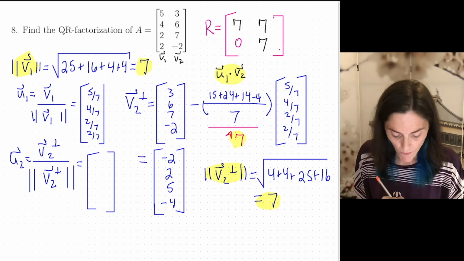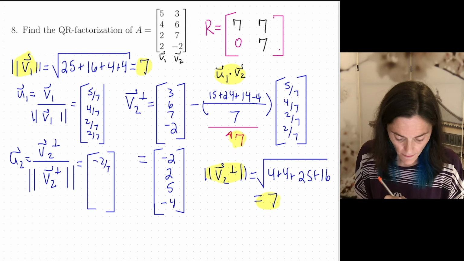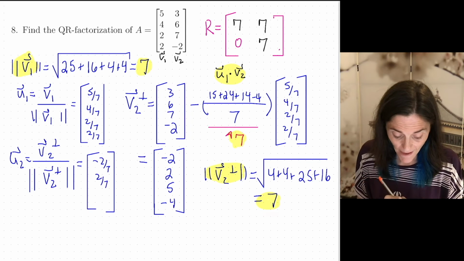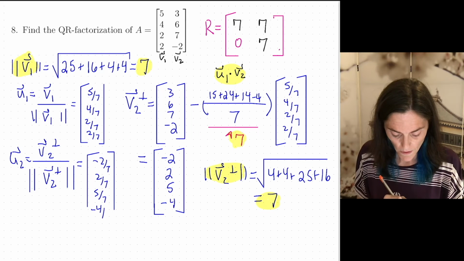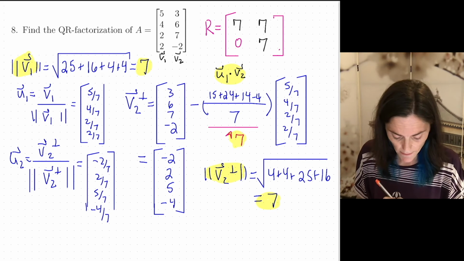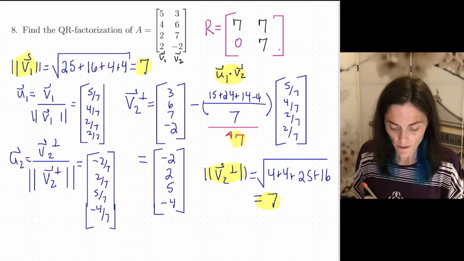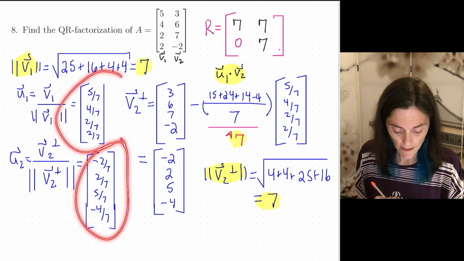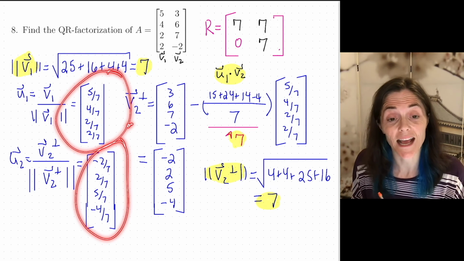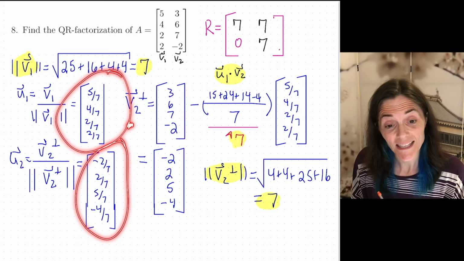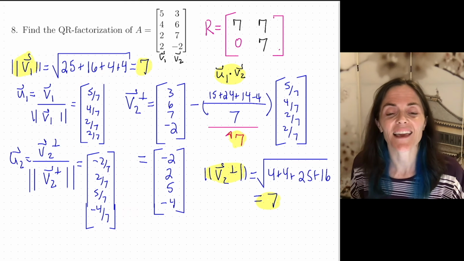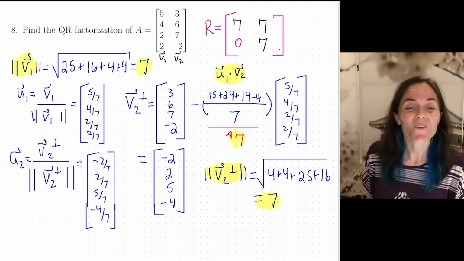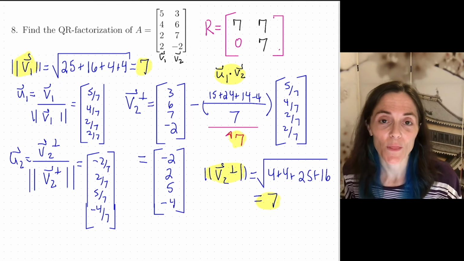And we get minus 2 over 7, 2 over 7, 5 over 7, and minus 4 over 7. Now, just check, okay? Because if you take the dot product here, we should have 0. If we don't, we have made a mistake. Minus 10 plus 8 plus 10 minus 8, all over 49. Yeah, okay, it looks good. U1 and U2 are orthonormal.